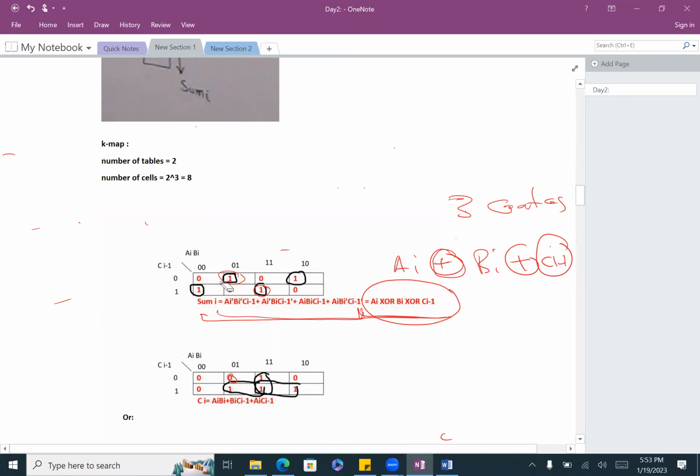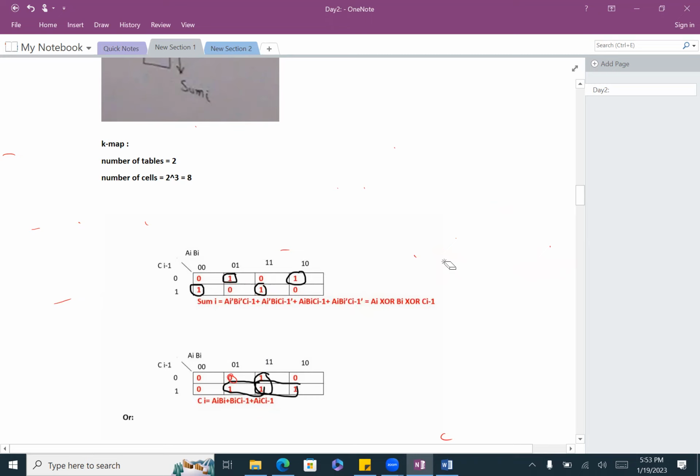The equation for carry should be easier and shorter. All right. So let's take these first 2 here. Can you write this one for me? These 2, I'm looking for these 2 together. What is the common term? It's B_i, correct? And it's 1 because it's 1, 1. Okay, and when you go to this side, it's C_i minus 1, correct?